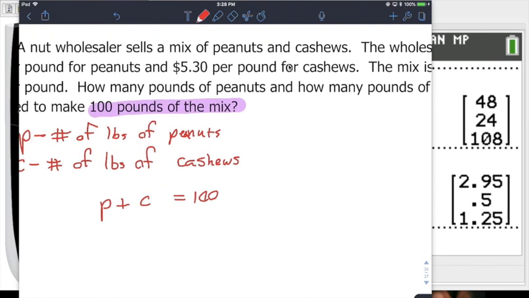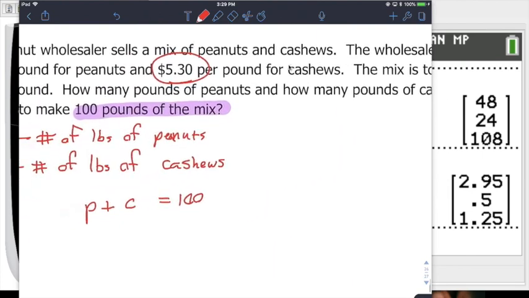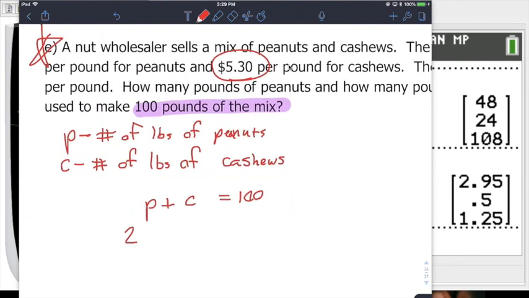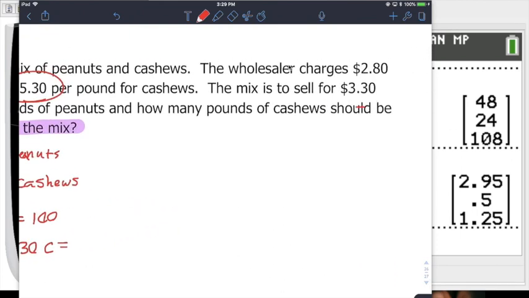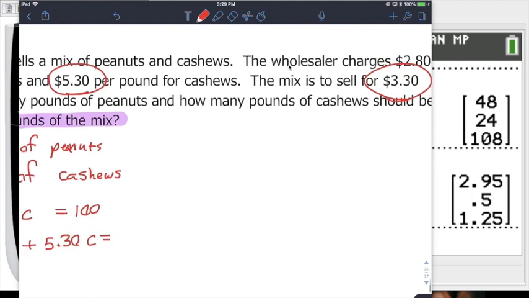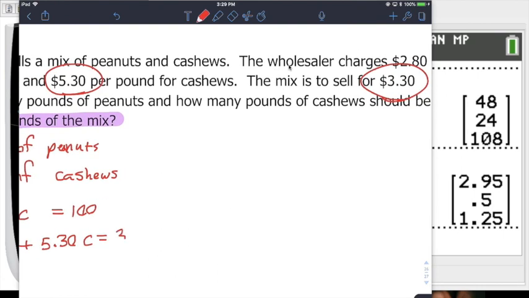And then the next one, we're going to attach our money values. So what do you have? 2.80 for peanuts, so I'm going to do 2.8P plus 5.3C. A lot of people want to put that last price value, but notice that's the price per pound. A lot of people put just $3.30, and that's not the total cost.